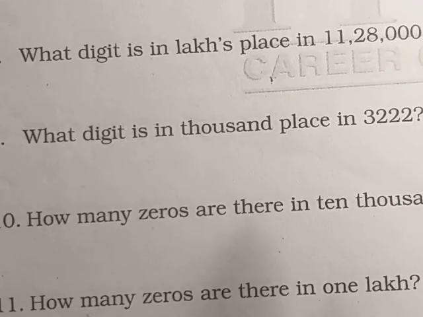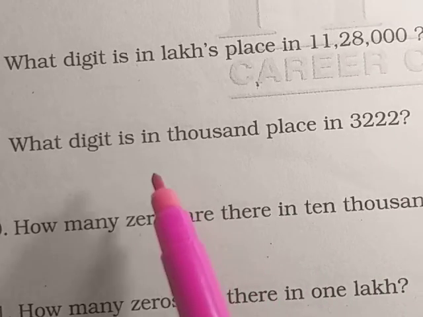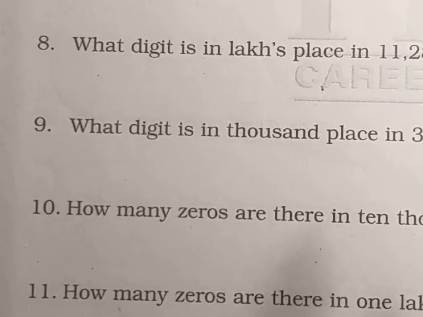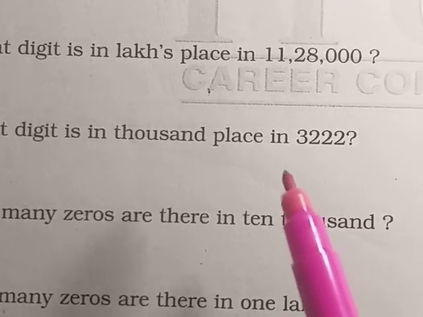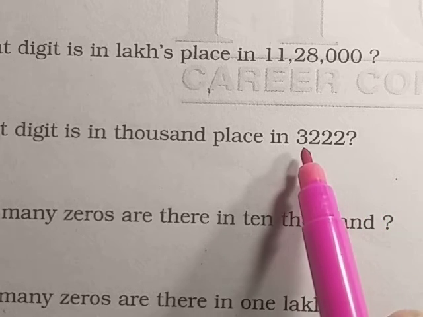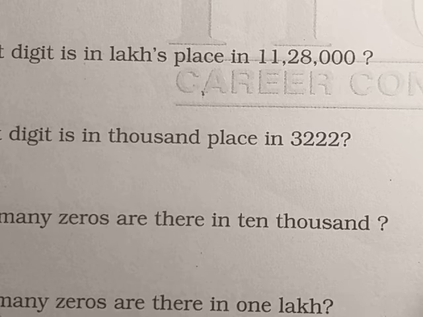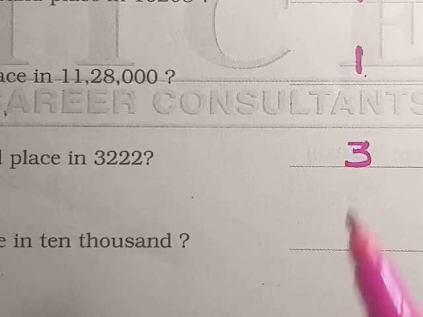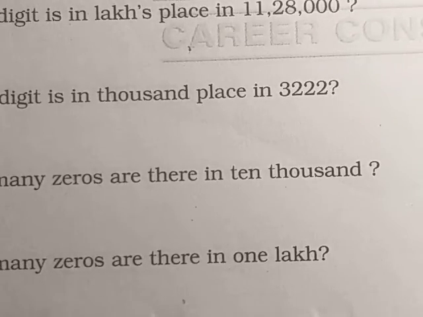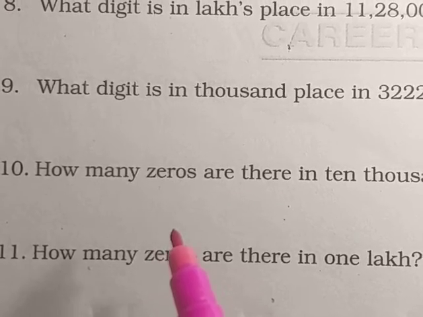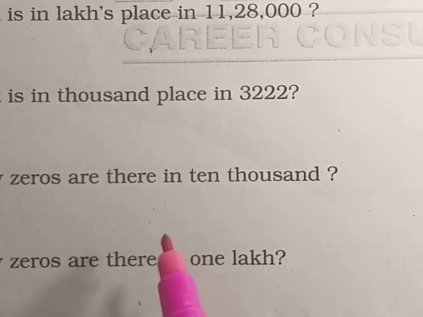What digit is in thousand place in 3222? In thousand place it is definitely 3. Therefore, our answer here should be 3. And then, how many zeros are there in 10,000?